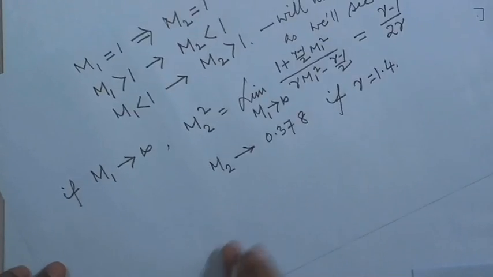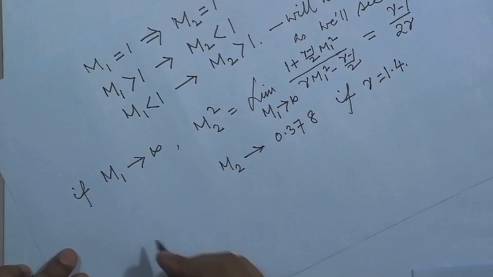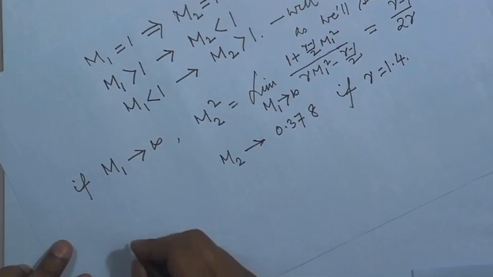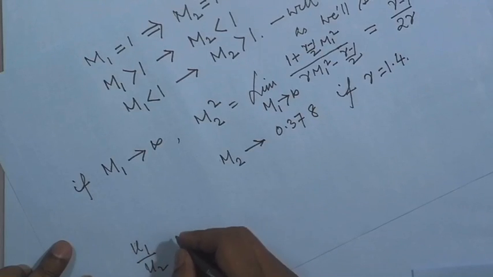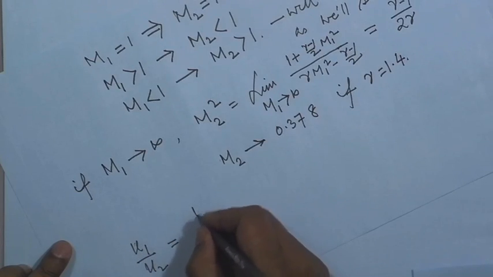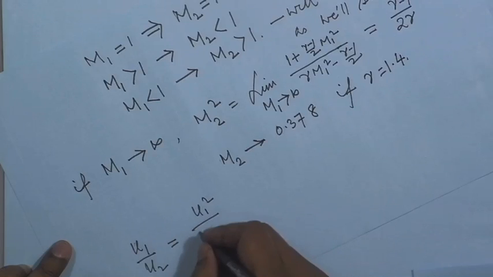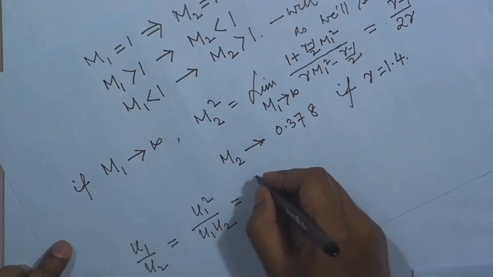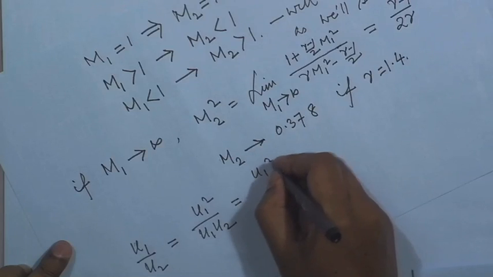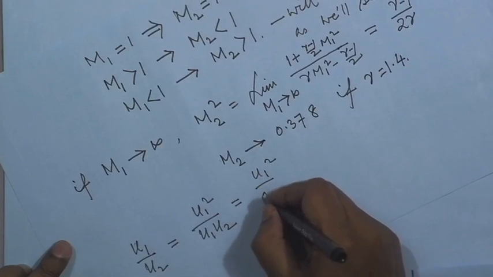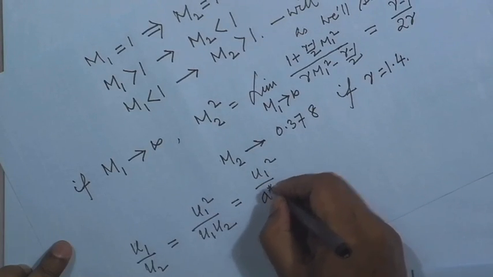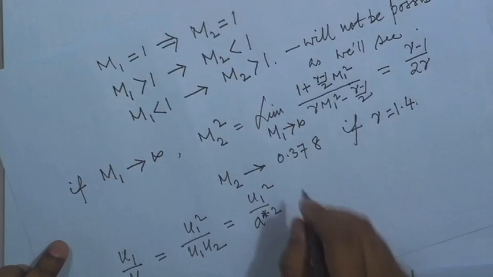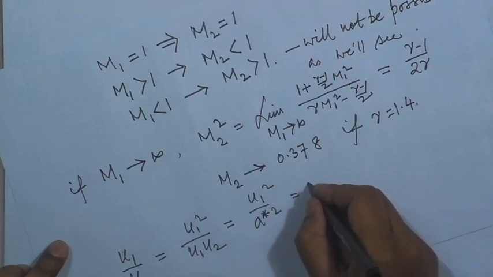The velocity ratio between station 1 and station 2 can similarly be obtained as u1 by u2 equals u1 square by u1 u2, that is u1 square by a star square.